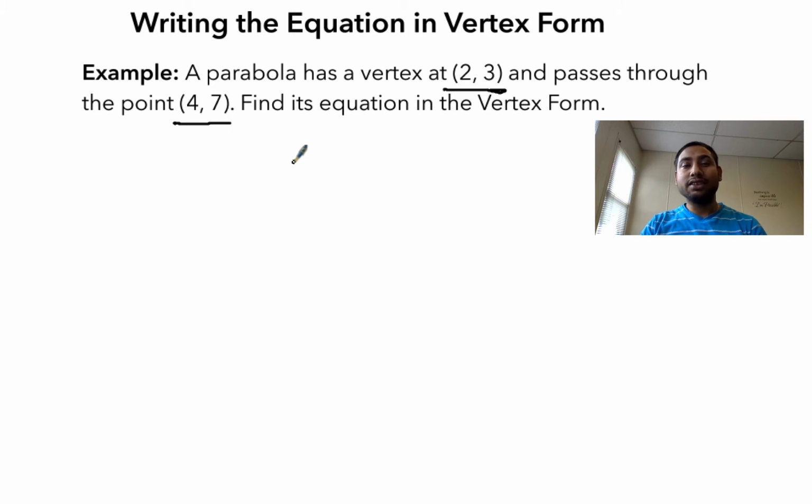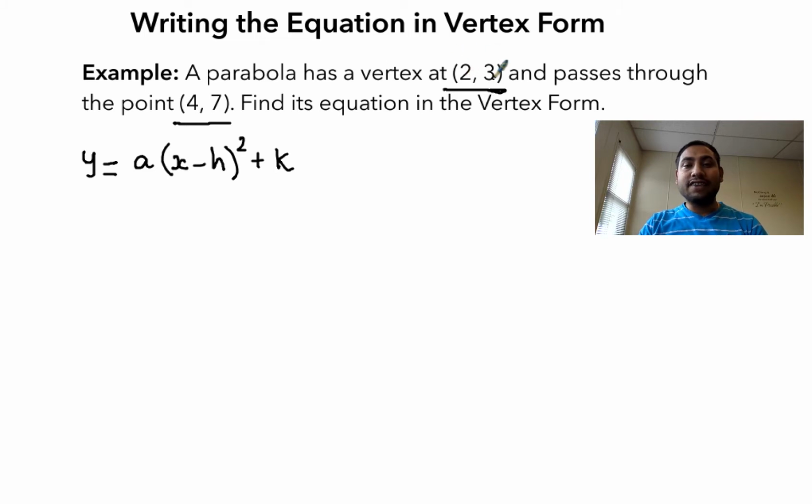Using these two points we can actually find the equation of the parabola. First of all, notice that the vertex form looks like y equals a times (x minus h) squared plus k.